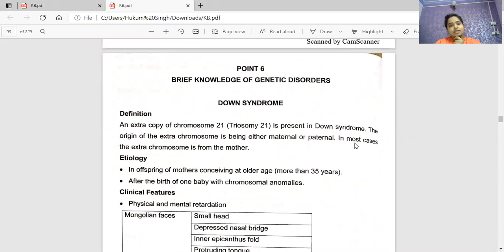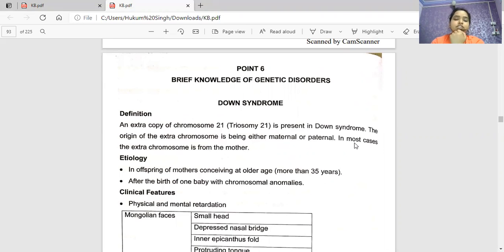Students, today's topic is brief knowledge of genetic disorders. So let's get started. First in this series of genetic disorders is Down syndrome. First is the definition. An extra copy of chromosome 21, meaning trisomy of 21, is present in Down syndrome patients.